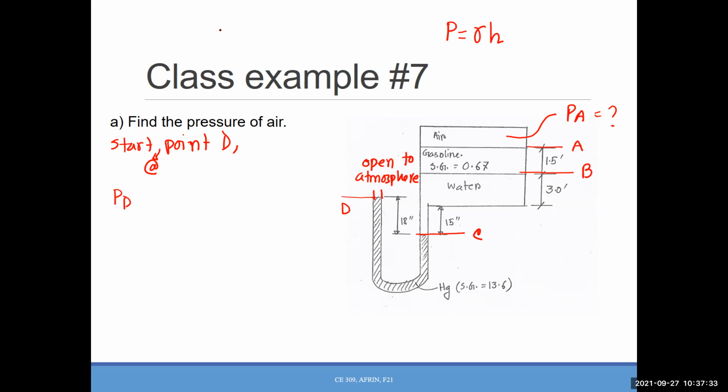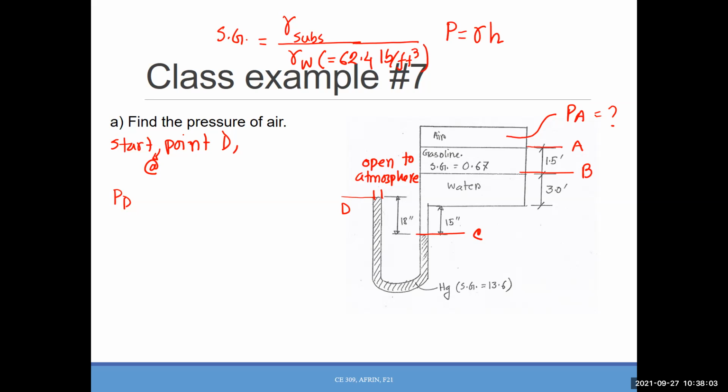If you can't remember, specific gravity is gamma of any substance over gamma of water. And for gamma of water here, which system are we using, SI or FPS? Here, FPS, so that should be 62.4 pound per feet cube.